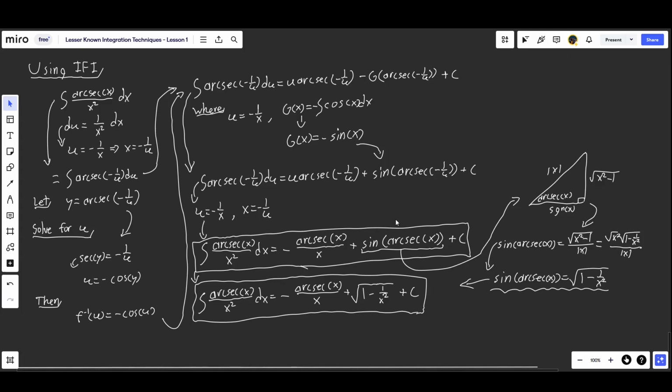Additionally, in the integration by parts approach, we had to find the derivative of arctangent of arcsecant of x, and we had to deal with absolute values in the integrand and reason through them. So I think that inverse function integration is a more straightforward way to reach the solution. And then if we wish to simplify after that, it's our choice.